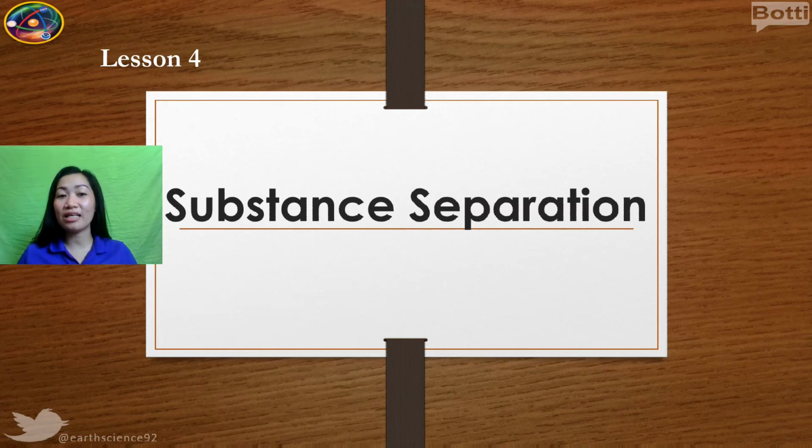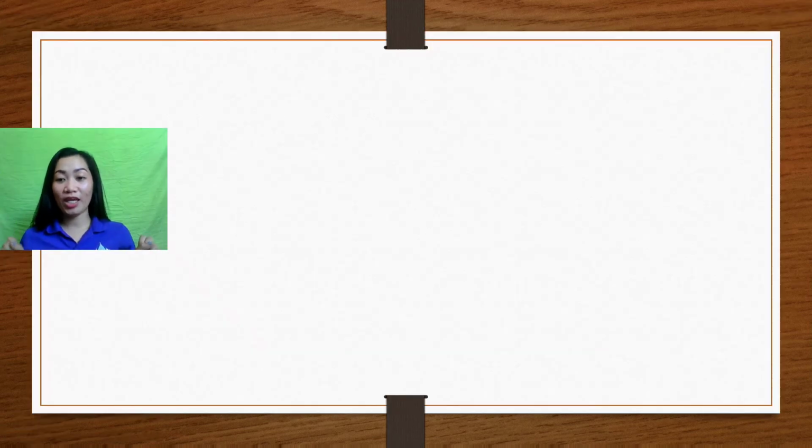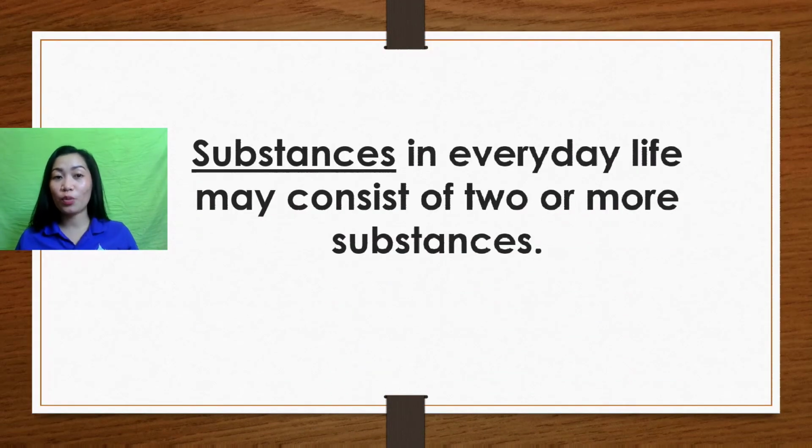So for this lesson again, we will be talking about substance separation. We will be learning some techniques on how to separate one substance from another substance. We will define first what it means when we say mixtures.